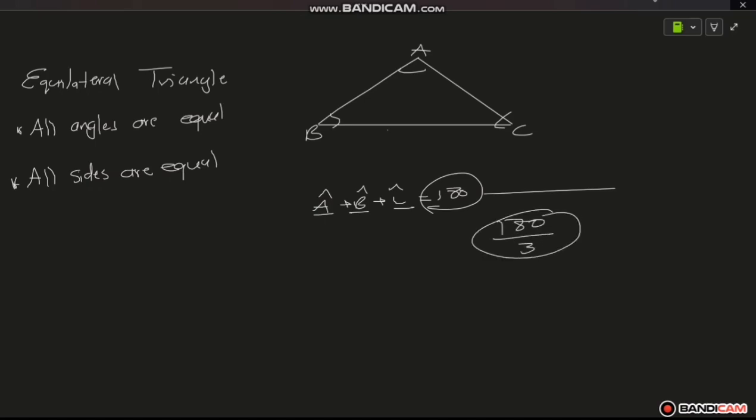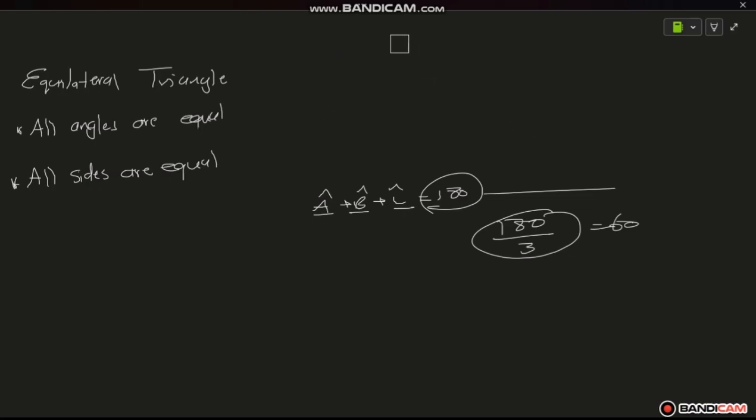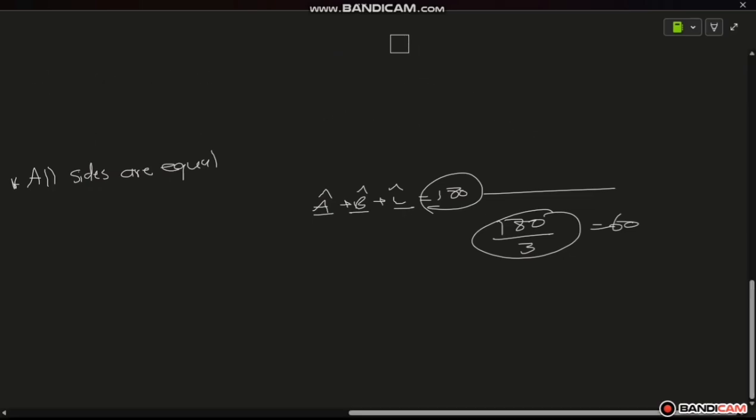But since this is an equilateral triangle, all angles are equal, meaning we're going to take that 180 and divide it by 3 to get 60. Therefore, all the angles share the same angle of 60. That is an equilateral triangle, and all the sides are equal. I hope it makes sense, guys. This is very, very important.